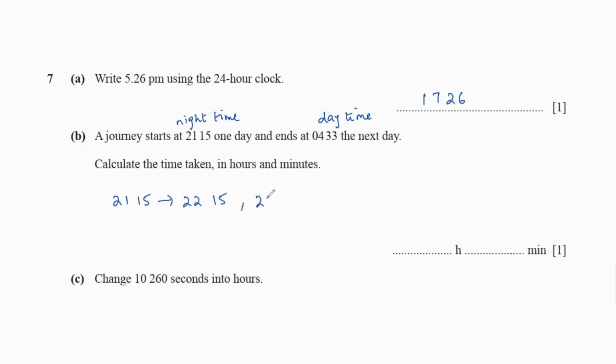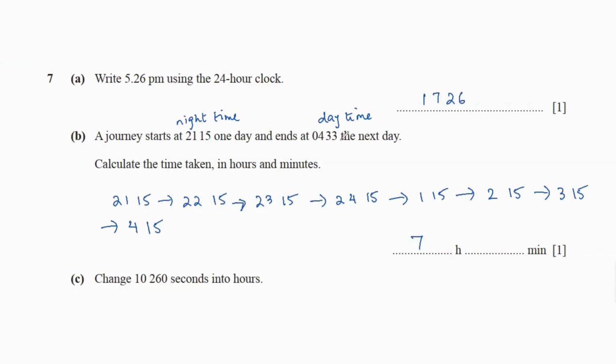Then it's going to be 23:15. Then 24:15. Then 1:15, 2:15, 3:15, and lastly 4:15. So we have 1, 2, 3, 4, 5, 6, 7 hours.